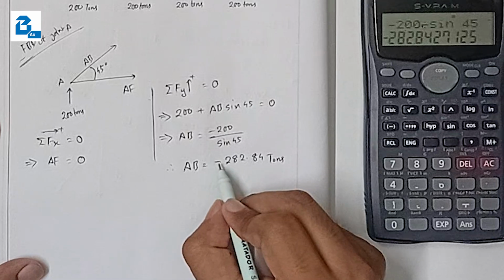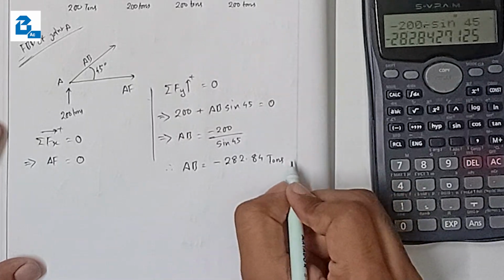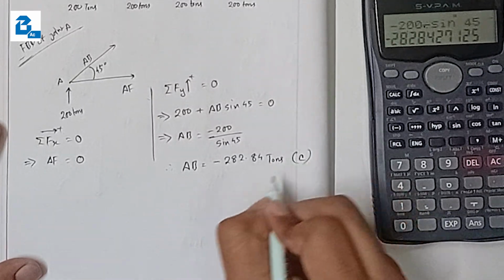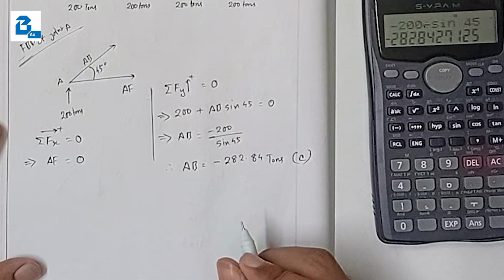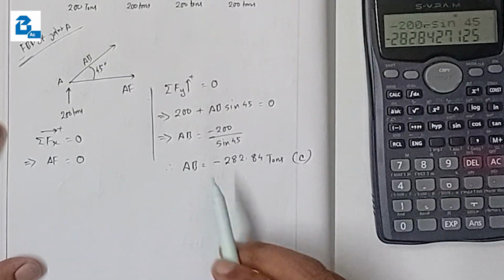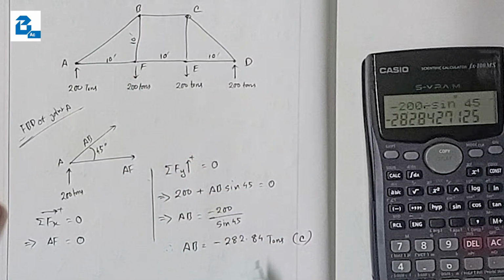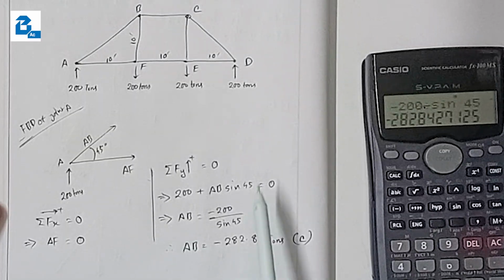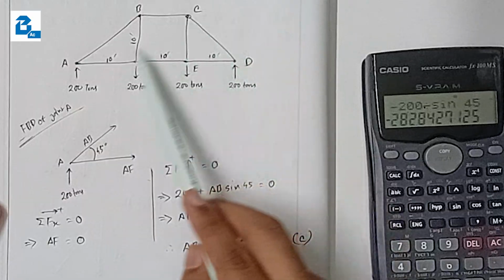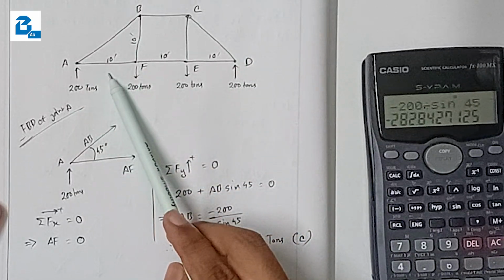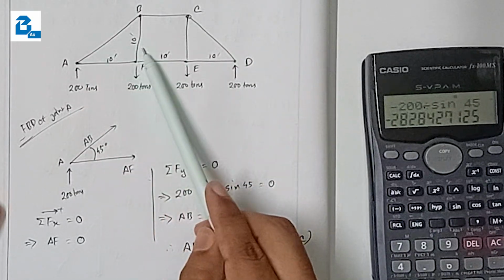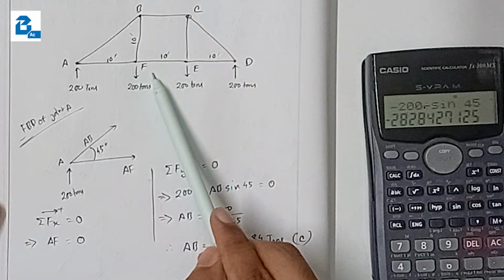Since it is minus, we take it as compression, so it would be C. So we can say that the AB member is in compression. Here we can see that we already found AB and AF. Now we have to find the BF and the FE portion.